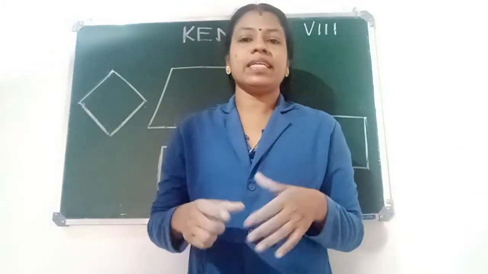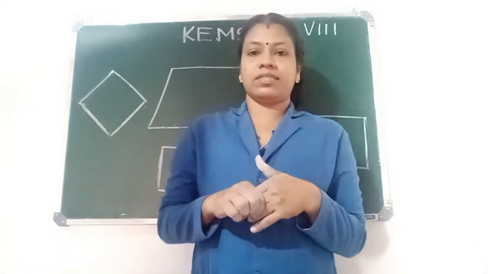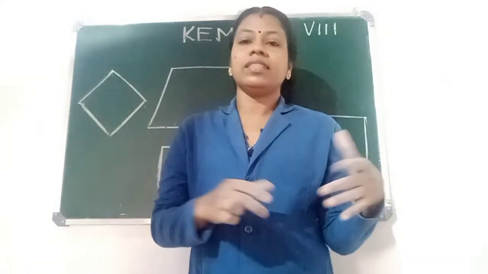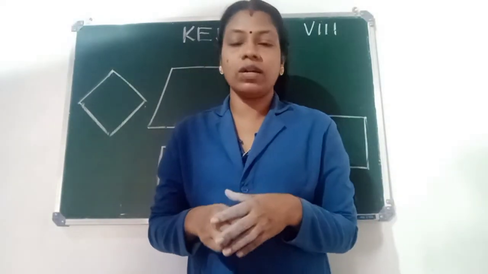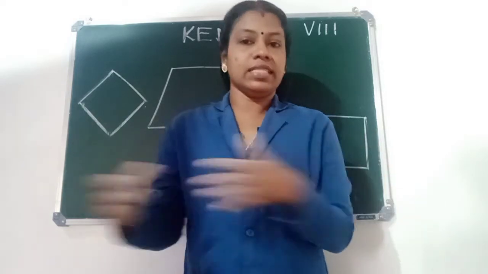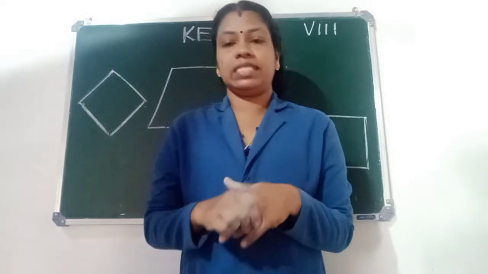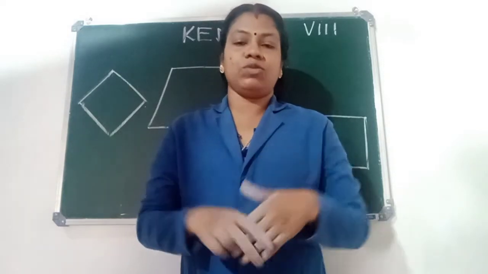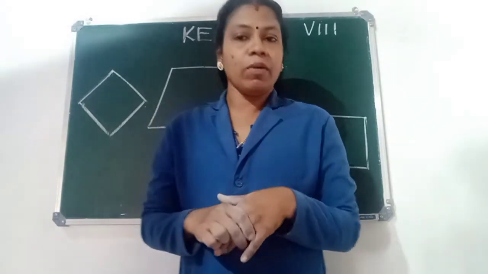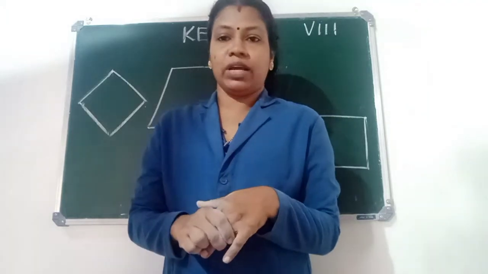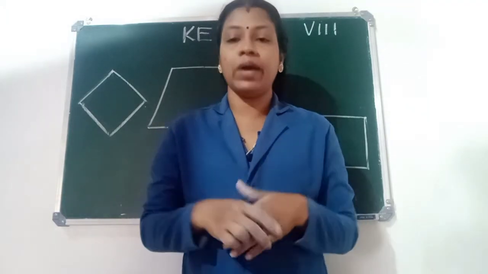Next, some important properties. Already we discussed the properties of different quadrilaterals. These are the most important properties that you have to study. First one: the opposite sides of a parallelogram are of equal length.